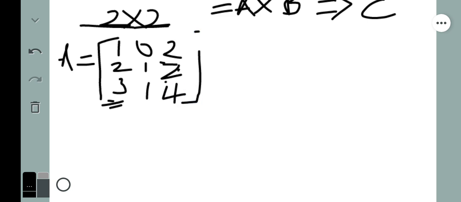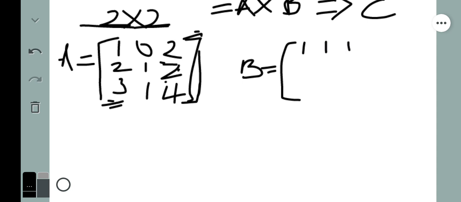Then let's say B is equal to 1, 1, 1, 2, 3, 1, 0, 1, 0.